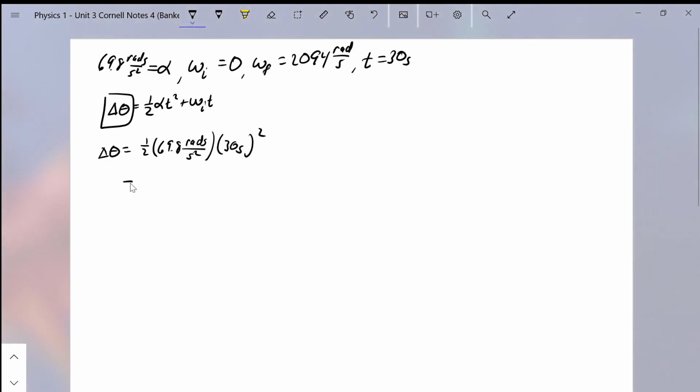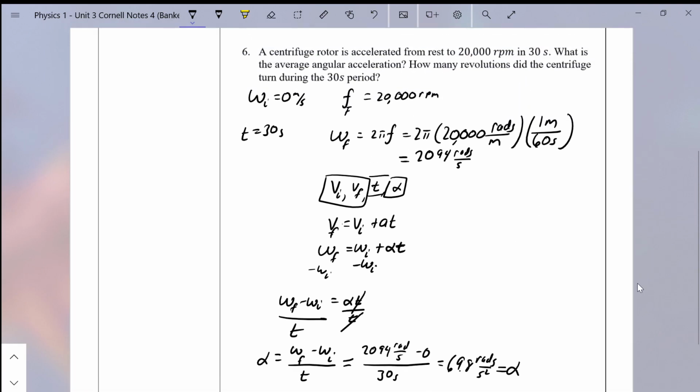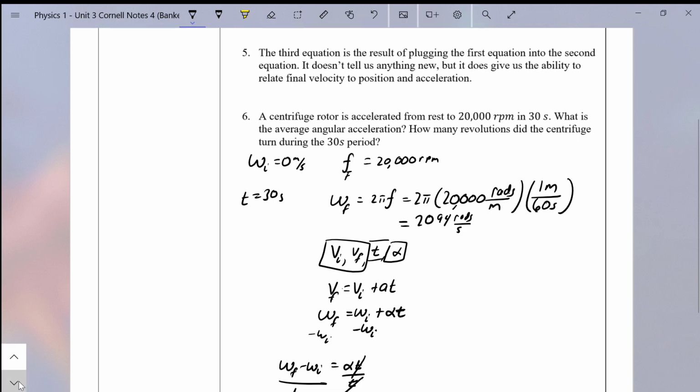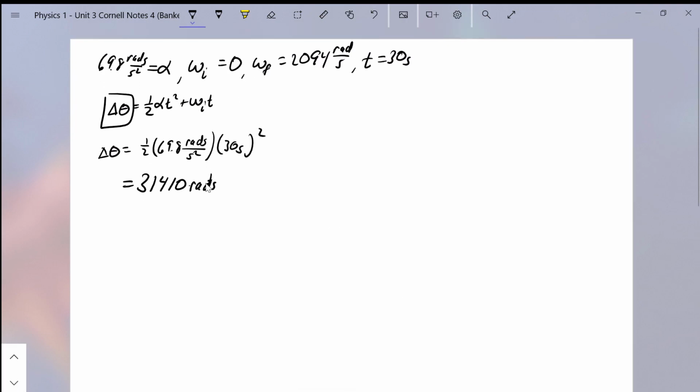And the answer I get to that is 31410 radians. The question specifically asked for how many revolutions, and so this is radians, and we'll need to convert that to revolutions using 1 revolution over 2 pi radians.